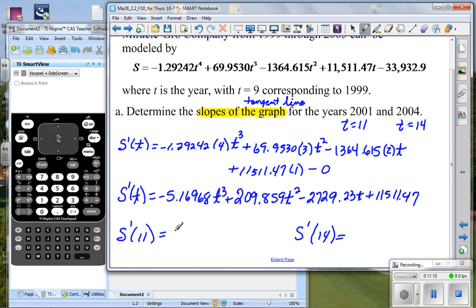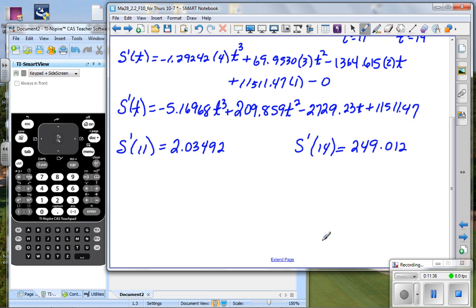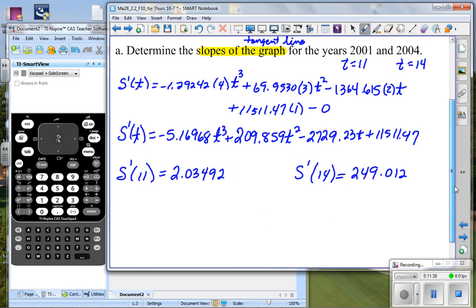If I put 11 in here, my answer will be 2.03492, and over here the answer is 249.012. What we need to do is to be able to interpret these then.